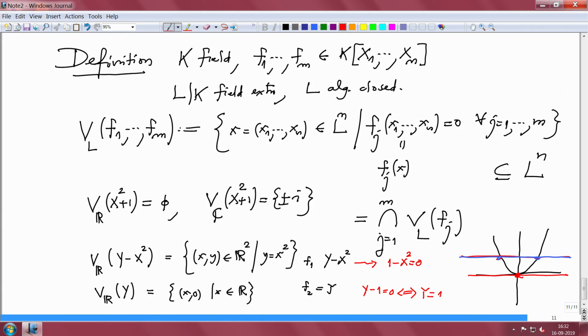So we have to check how many zeros the quadratic equation has. First of all, if I would have taken the line y equal to minus 1, then there is no common solution, as you can see. But this is not a rigorous proof.